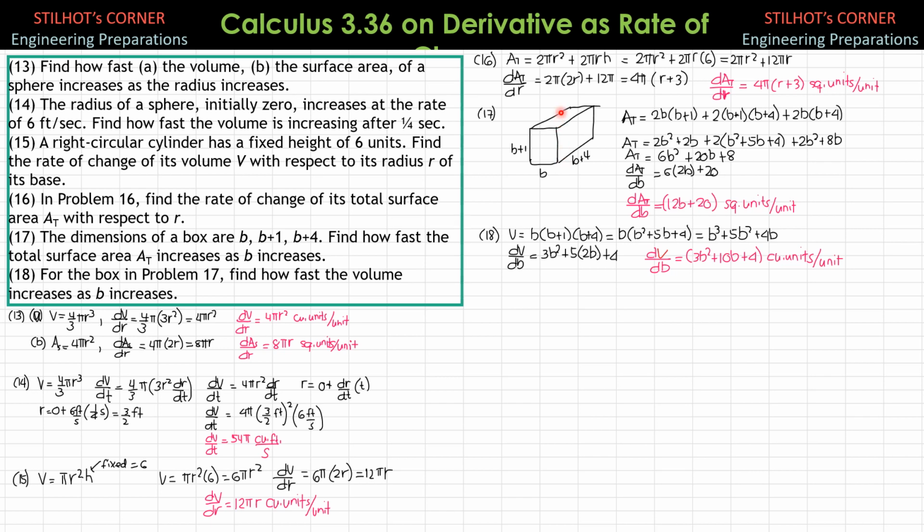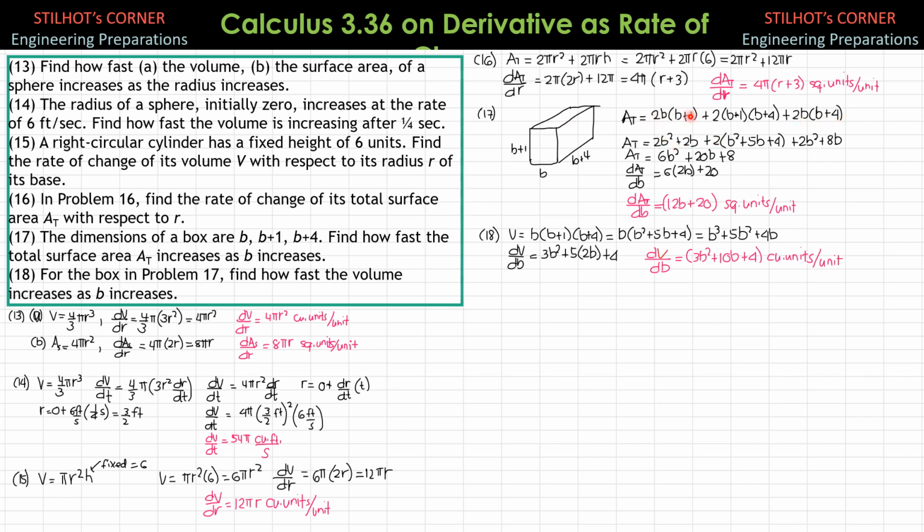So 2 times area of right side. The area of the right side is b plus 1, the height, and the base b plus 4. Then plus 2 times area of the top. So top area is b times b plus 4.